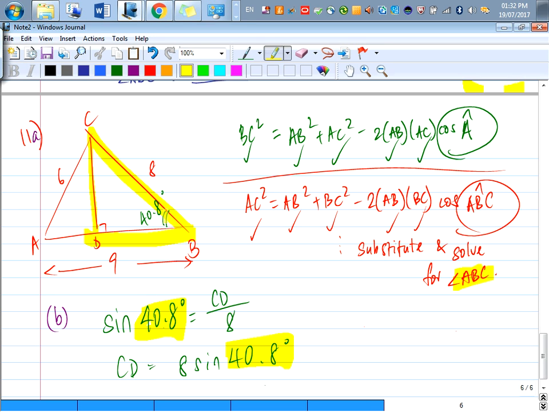The 1 dp answer is 40.8 lah, which we shouldn't be using for our calculations. So, thank you. This is 40.804. 40.804 degrees. Then you get the answer, 5 SF, round it off to 3 SF. Can?